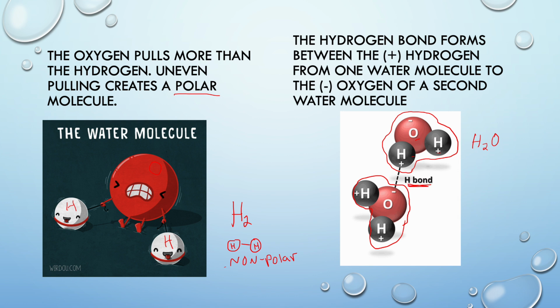This is our hydrogen bond. Opposites attract. You have the positive on your hydrogen and a negative on your oxygen, and so the positive and the negative are going to want to attract together. They attract, forming that hydrogen bond. So again, and that's important for your EOC, the hydrogen bond does form between a hydrogen and oxygen, but in different water molecules.